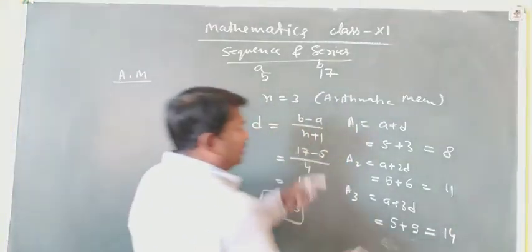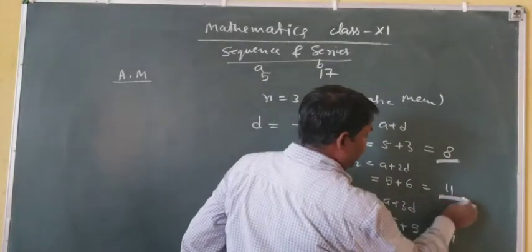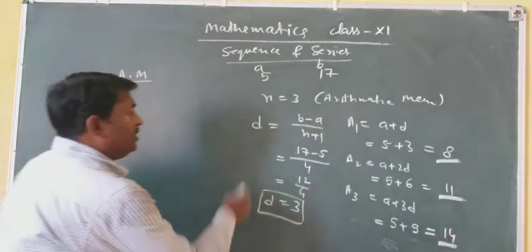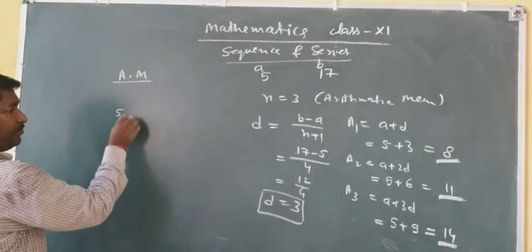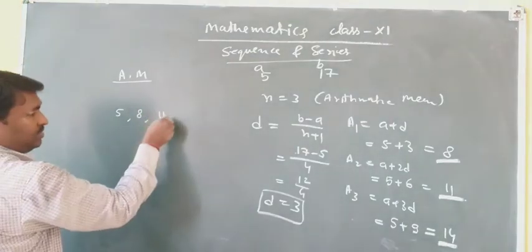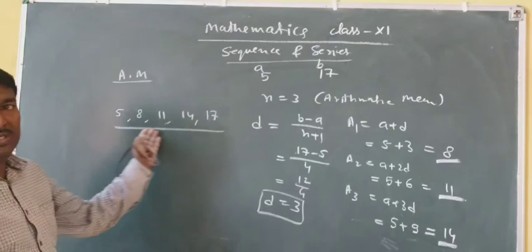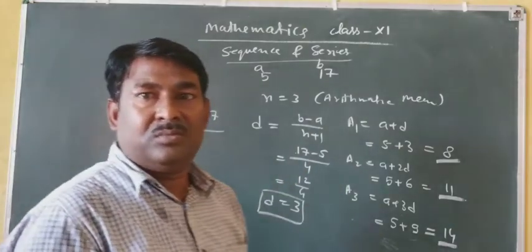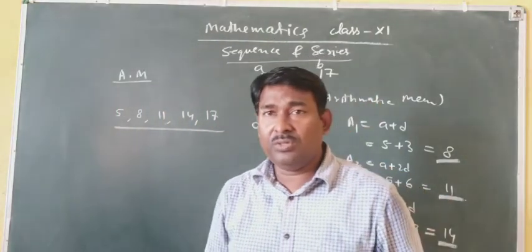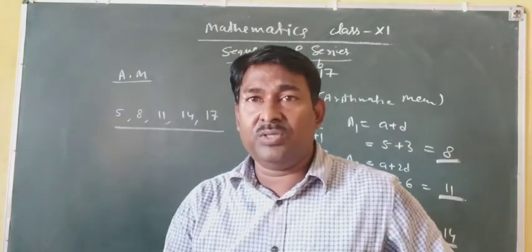So these are the 3 arithmetic means: 8, 11 and 14. You can insert them, and thus your sequence is 5, 8, 11, 14, 17. You can check, this is an AP. So you can solve all other remaining questions.